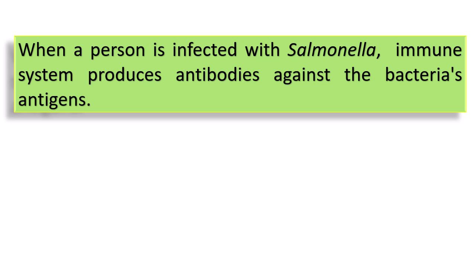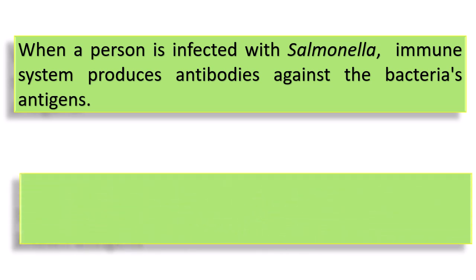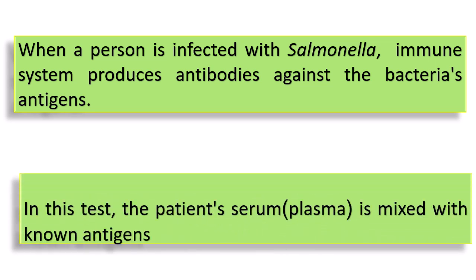Whenever we are injured or infected, our immune system produces antibodies against the pathogens, and antibodies kill or remove those pathogens from our body. In the test, patient serum is mixed with antigens.